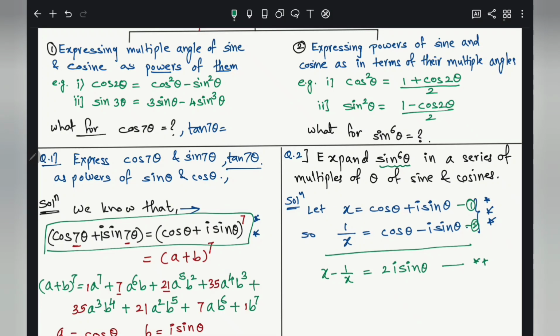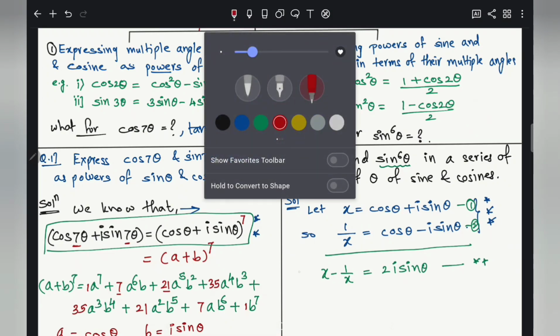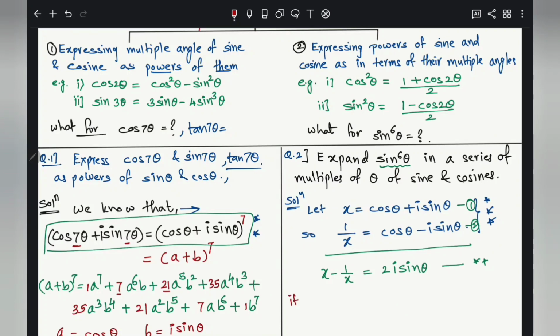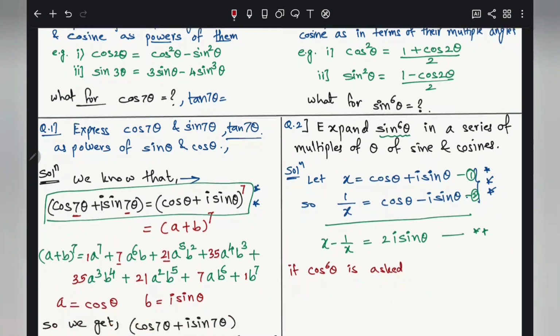If cos^6 theta is asked, then what we would have done, we have to add 1 and 2. 1 plus 2 we will do, that is x plus 1 by x, and we will consider it as 2 cos theta. And what is the next step we have to do is, we add these two and then we will raise the power to 6.